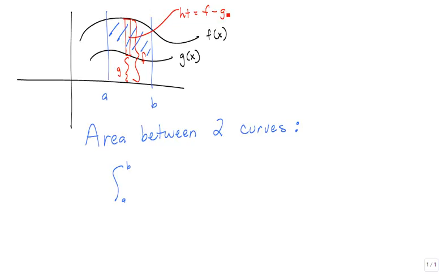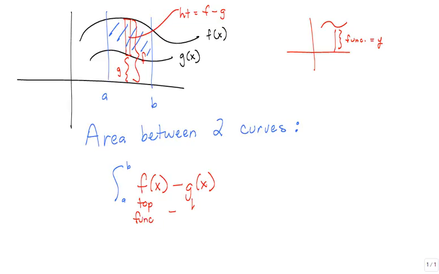The height's going to be f of x minus g of x, because the function's measured from the graph to the x-axis. So again, when I have a function here, this is the function distance, or the y distance, the vertical distance. So the height of that rectangle is f of x minus g of x, or the top function minus the bottom function, dx, which is your width.